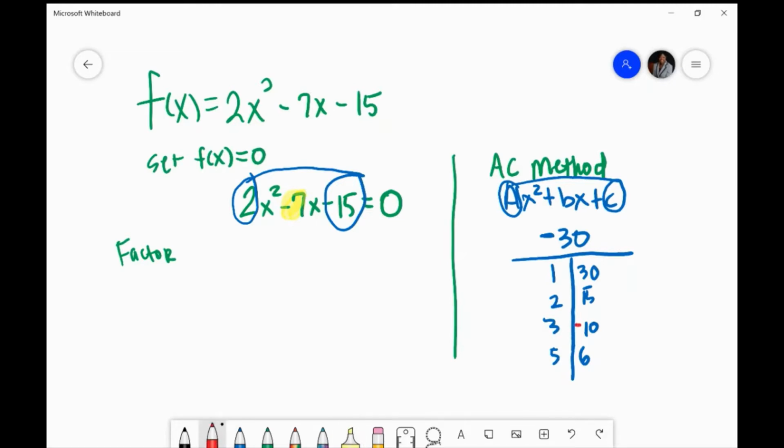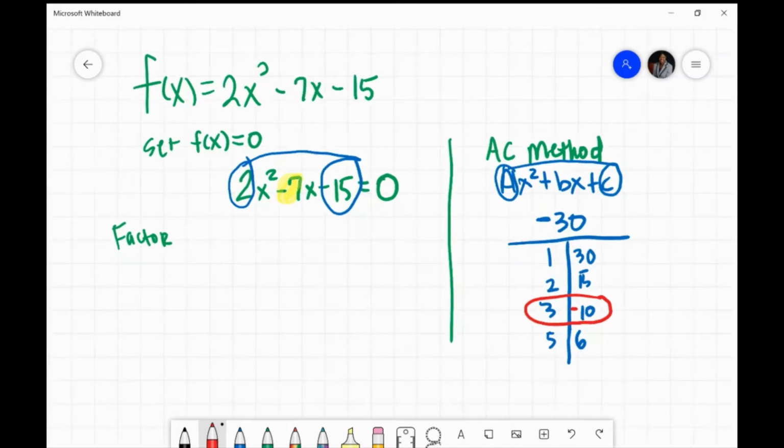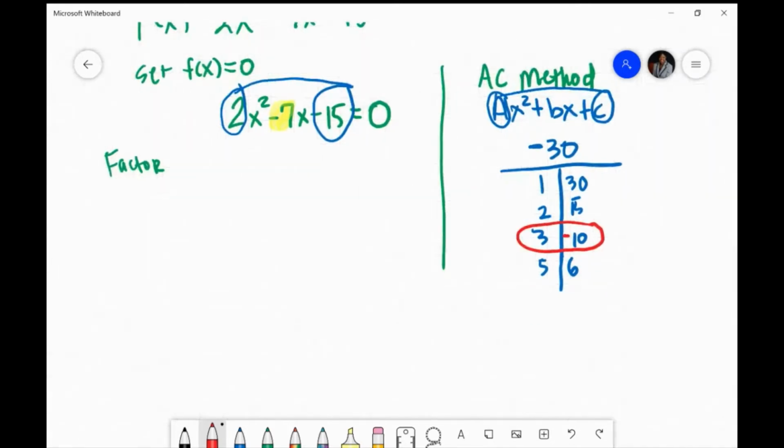Negative 10 times 3 is negative 30, and negative 10 plus 3 is negative 7. Therefore it works. So I'm going to rewrite the polynomial as 2x squared, and you could put minus 10x, for example, plus 3x, because the middle has to equal negative 7x, not just negative 7, or else you will change the whole problem. It has to equal negative 7x.